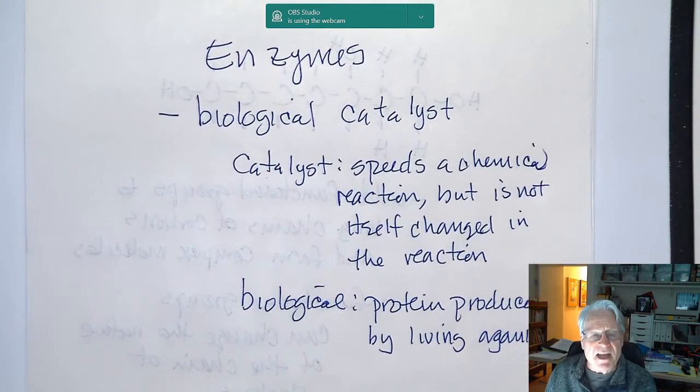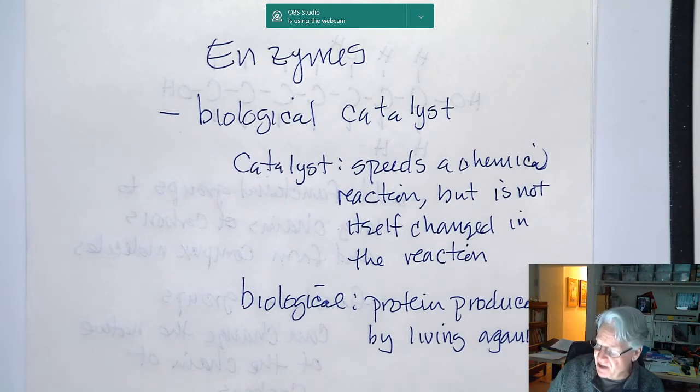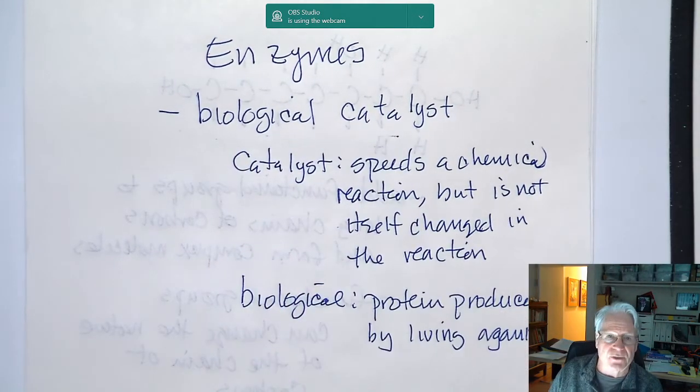You do not have to be an enzyme to be a catalyst. There are many examples of catalysts which are not proteins and are not produced by living organisms. But if you have a protein which is acting as a catalyst, then it is an enzyme and it can be referred to as a biological catalyst.